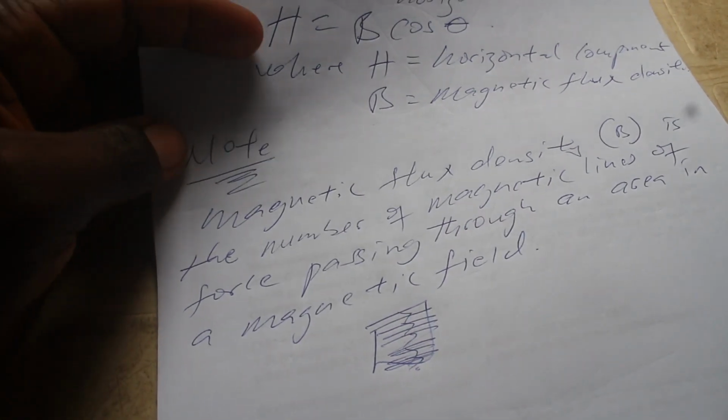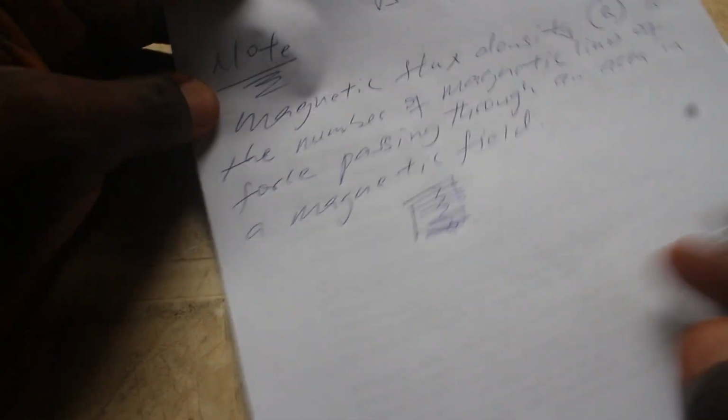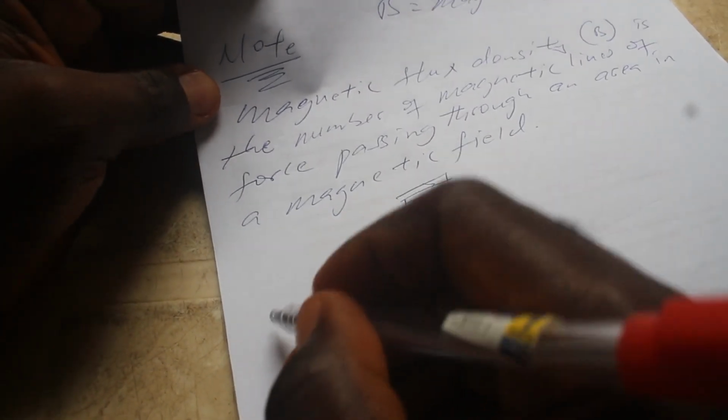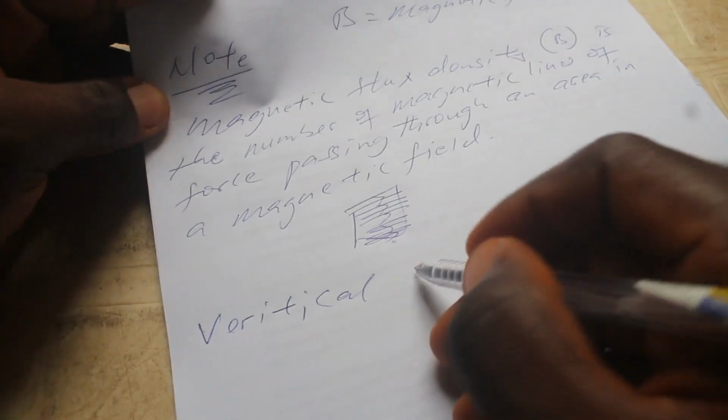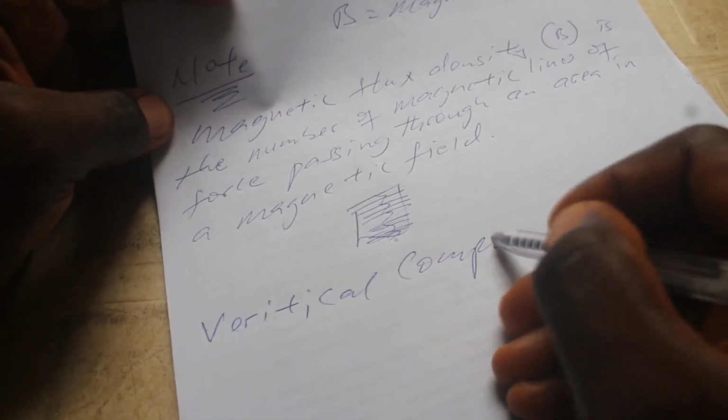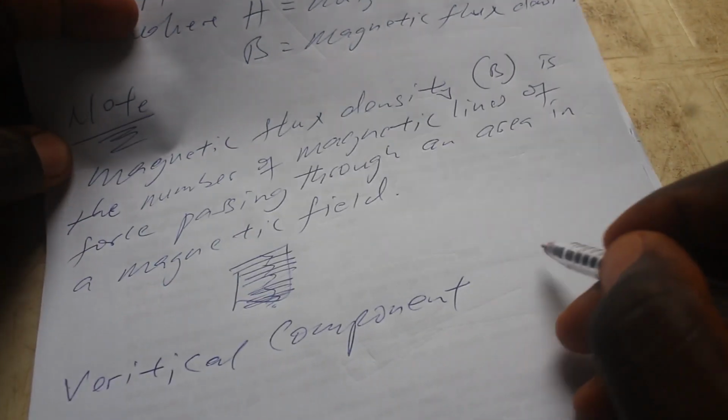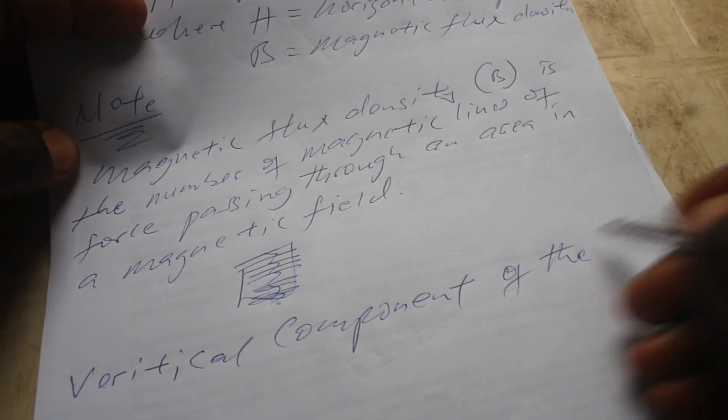So how would we define the vertical component of the Earth's magnetic field?